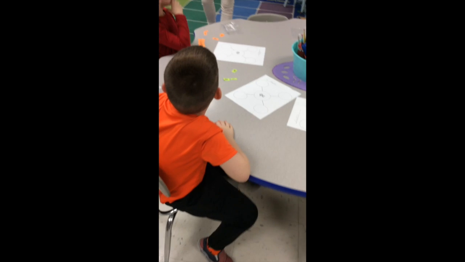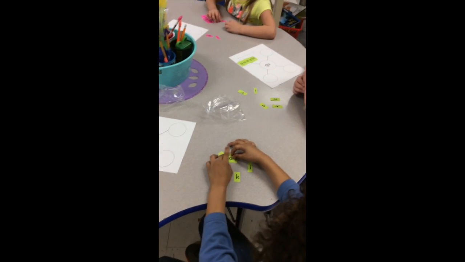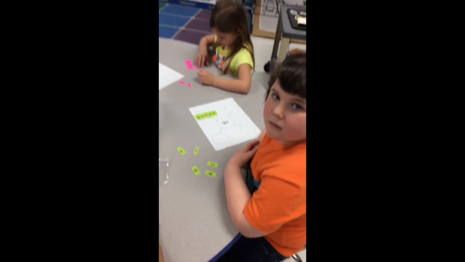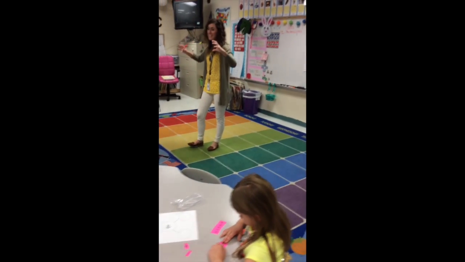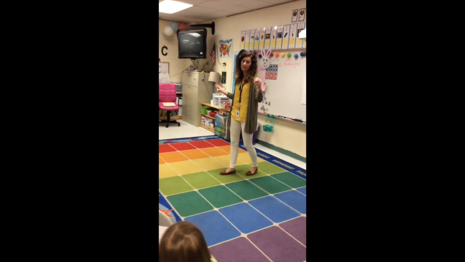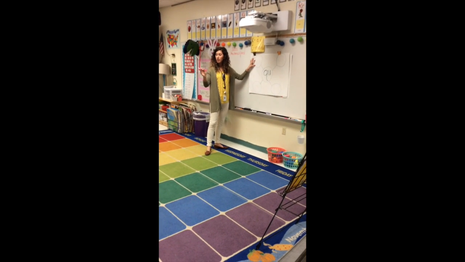Q-U-E-E-N. Very good. I see some of you have that. Q-U, make the qu sound. And then this word is tricky because it has two E's. Queen. And it ends with what, class? An N.